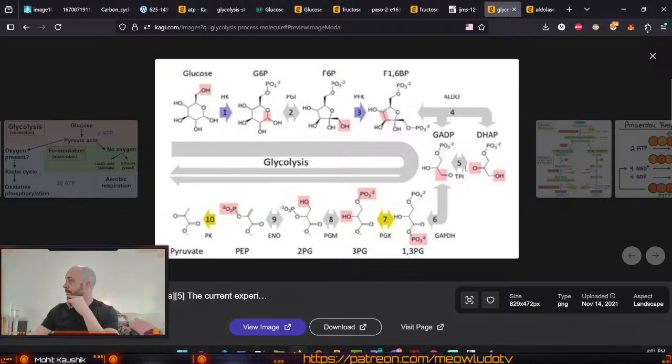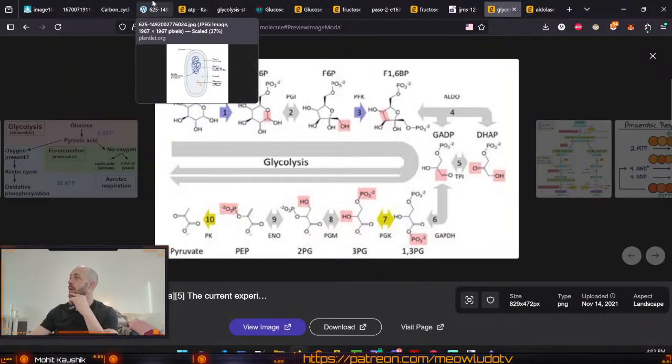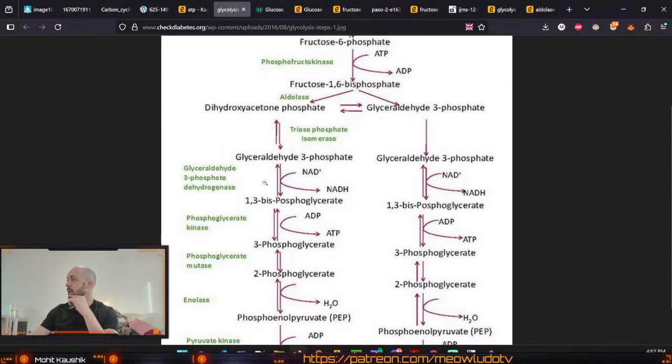Let's have a look here. So when we cut this in half, we have 1 phosphate group. Here we also have 1 phosphate group. But here we have 2 phosphate groups. 1,3-PG. Okay, this step here.